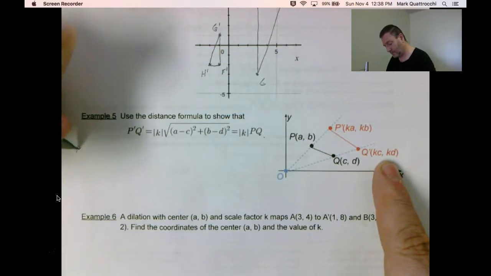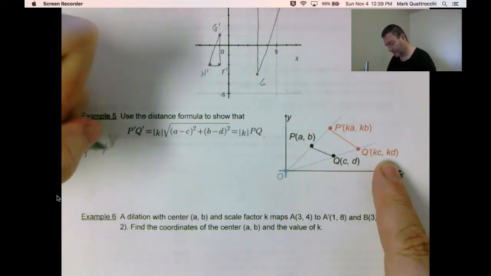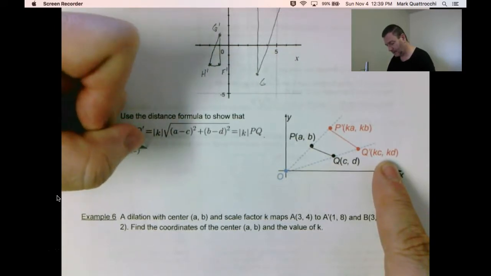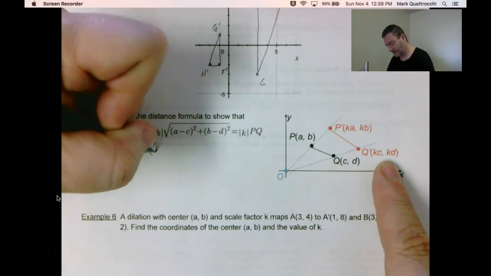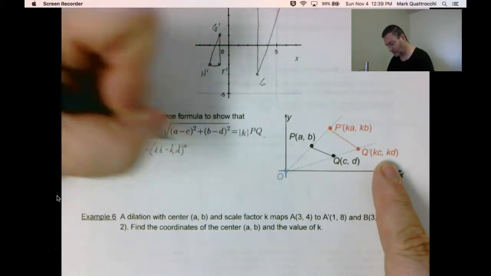Segment P prime Q prime, distance. So we know the distance formula. And we're going to have KA minus KC squared plus KB minus KD squared.